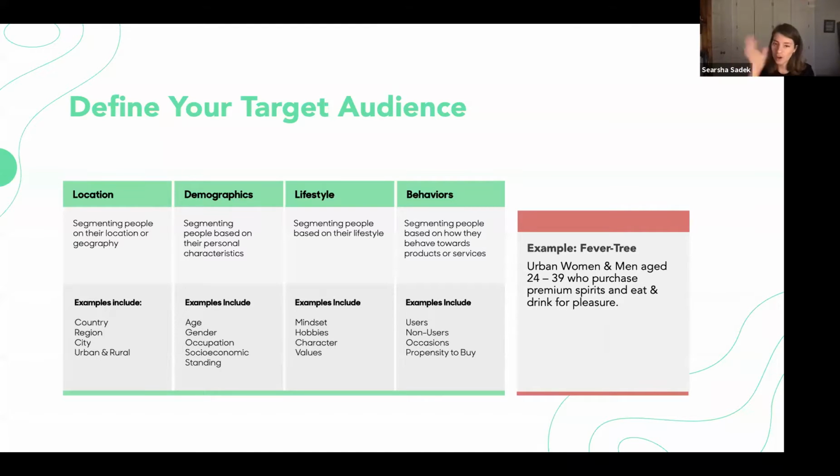Fever Tree, pulling our Fever Tree example through everything, are targeting urban women and men, so they don't have a gender push, although more women, I'm sure, tend to purchase them. But they're very much centered in urban areas, which gives them a very modern feel. Age 24 to 39, so they're not going for super young, but gin can often be quite an older group, not meaning to point any fingers.